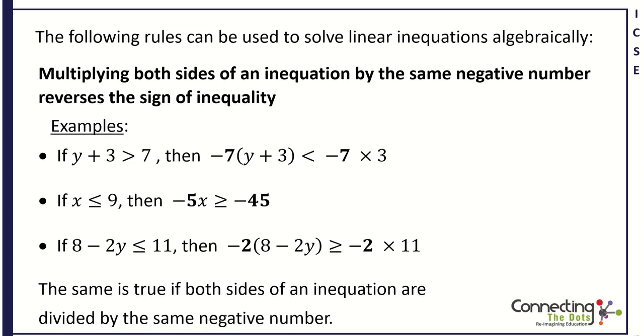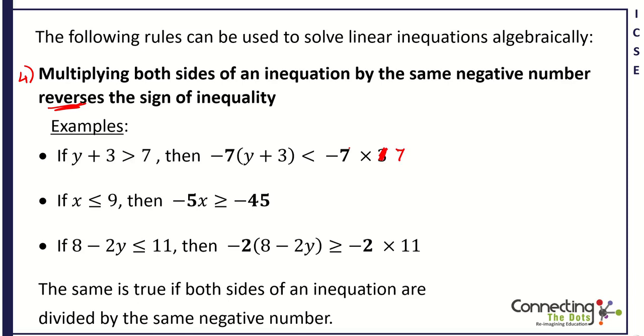Now this is the next rule, and pay attention to this because this is a little different from what we have seen so far. Multiplying both sides of an inequation by the same negative number reverses the sign of inequality. Reverses. That's a printing mistake. I'm sorry about that.